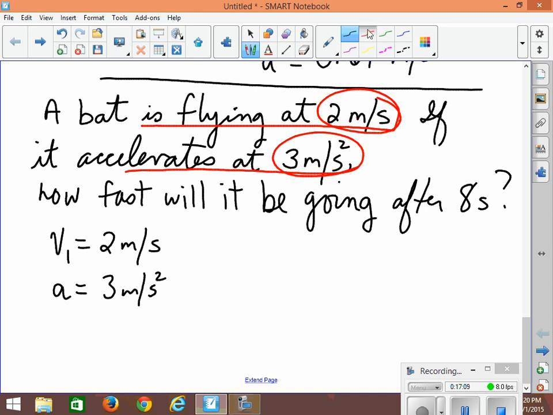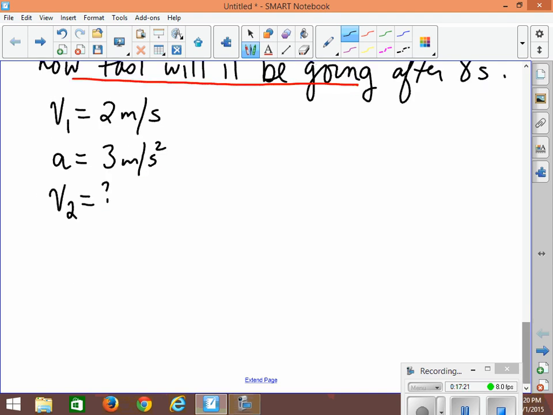Then the next thing it says is, how fast will it be going, which is telling us that it looks like we're going to be searching for the second speed. And of course, we have after 8 seconds. So we have a time of 8 seconds.